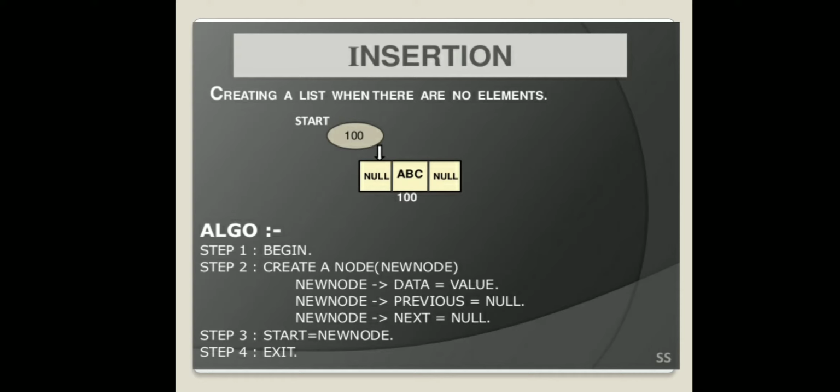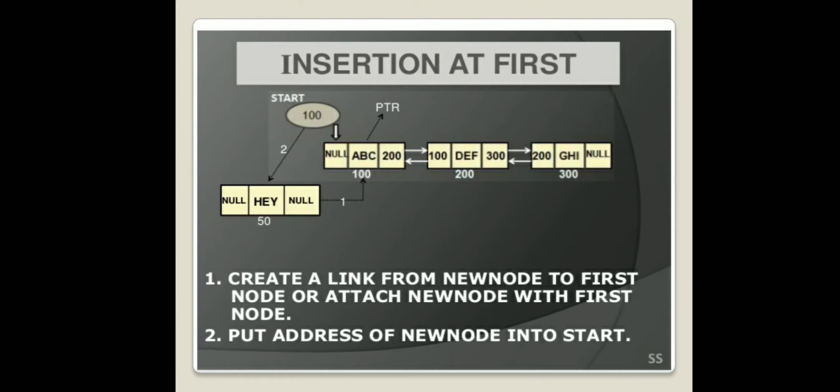Step 2, create a new node. New node of data is nothing but the value. New node of previous should be indicated by null, and new node of next should be indicated by null. Next, step 3, start equal to new node and exit. So this is how you are going to insert the new node in the linked list.